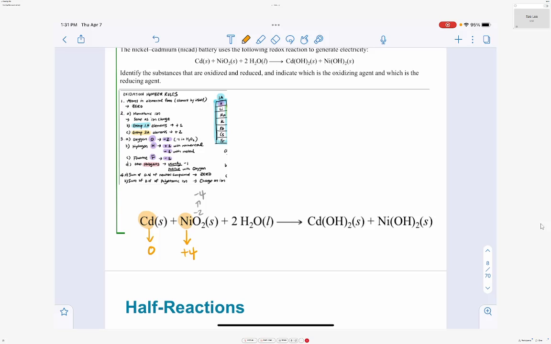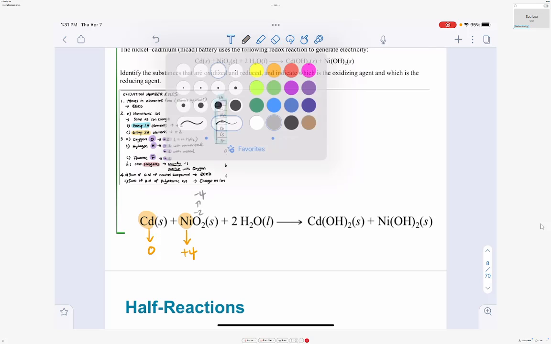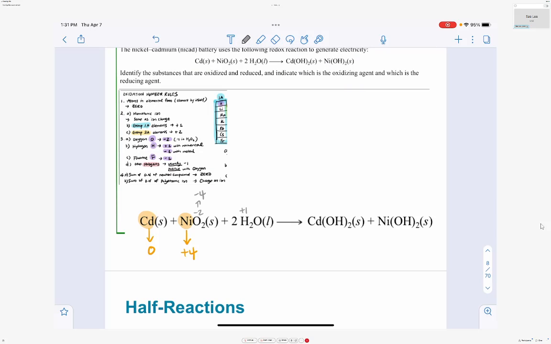Positive 4. Okay, moving on to water, we know that hydrogen has oxidation number of positive 1, and oxygen has oxidation number of negative 2. We have 2 hydrogens, which gives oxidation number of positive 2.